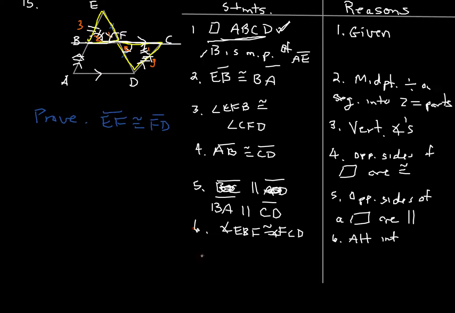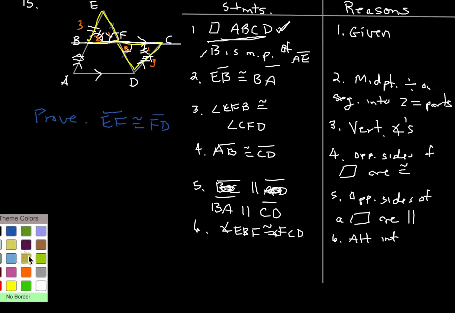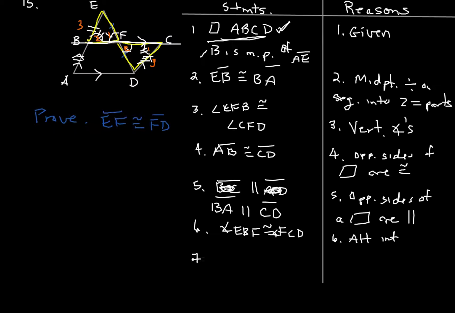I think it'd be easier if you guys were here to do this. So far we've said that this is congruent to this, but this is congruent to this, therefore this has to be congruent to that, and that's by substitution. So we can say EB is congruent to CD, by substitution.